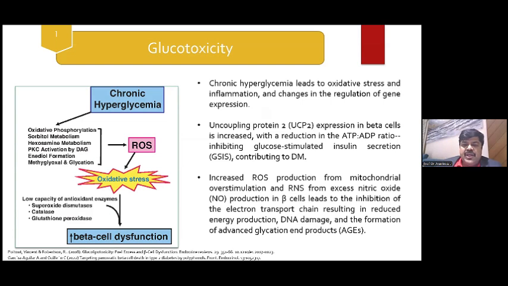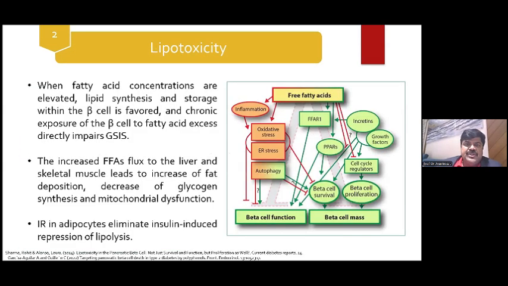Increased reactive oxygen species production from mitochondrial overstimulation and RNS from excess nitric oxide production in beta cells leads to inhibition of the electron transport chain, resulting in reduced energy production, DNA damage, and formation of advanced glycation end products.